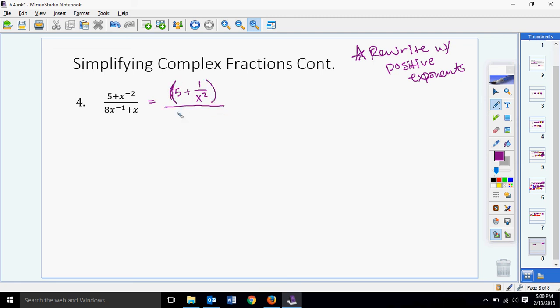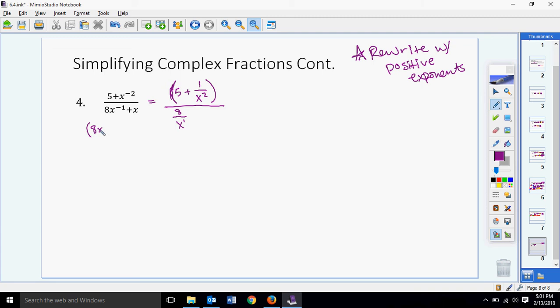So that's the numerator. And the denominator, I want to write with positive exponents. So here I have 8x to the negative 1. What is the negative 1 actually on? Well, it's only on the x, so I bring the x down, and the 8 is still up here. It doesn't get to go in the denominator because this x to the negative 1 only applies to the x.